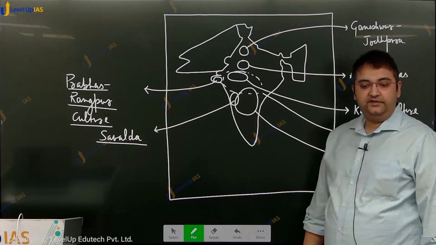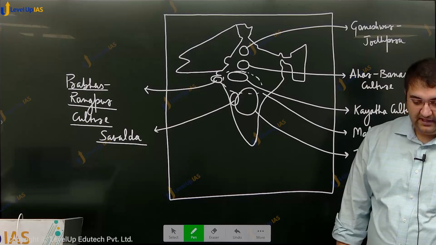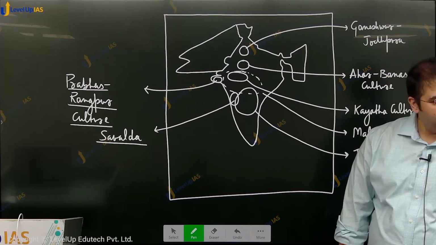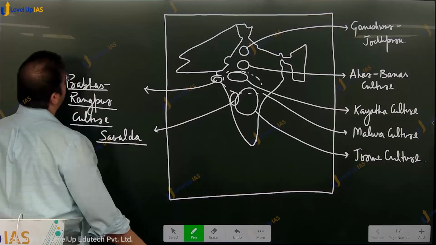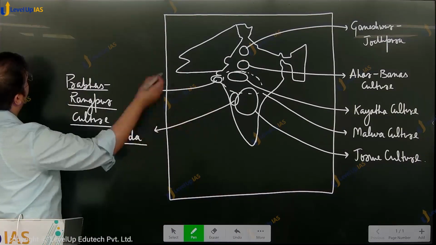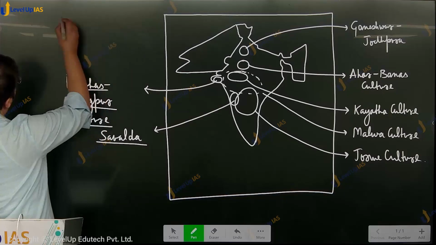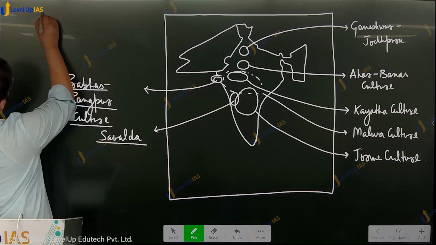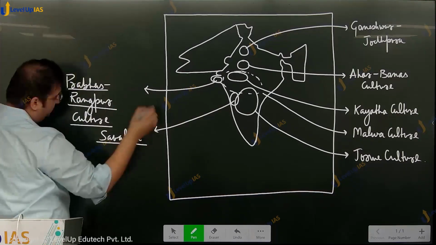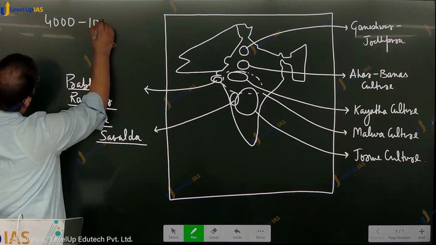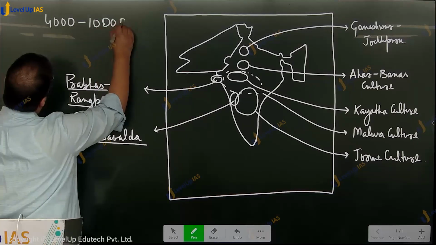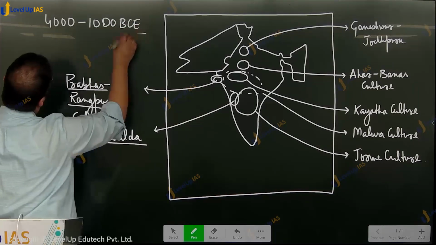Of course, all of these sites did not appear simultaneously, nor did they disappear simultaneously. But if we were to give them a cultural or chronological context, we would say that most of them belong to the period of around 4000 to 1000 BCE.